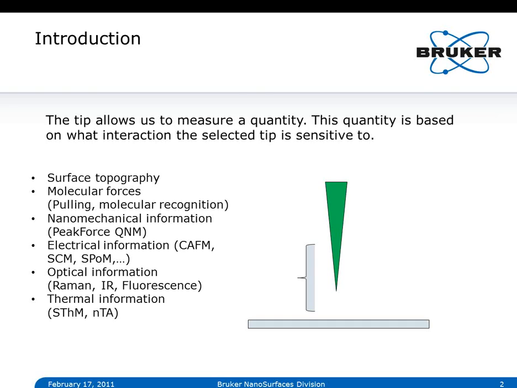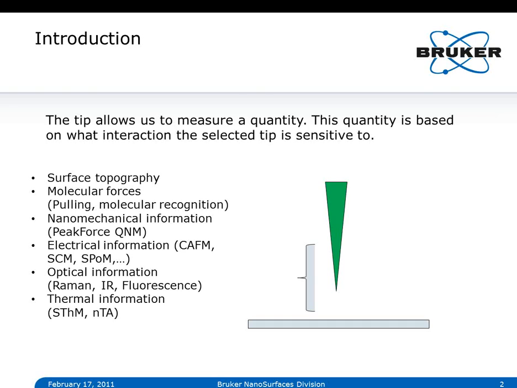We can gather these days nanomechanical information with nanometer resolution by using PeakForce QNM. We can gather a variety of electrical information: conductive, capacitance, surface potential, and so forth. We can use the tip to gather optical information on a nanometer scale, and then get Raman, infrared, or fluorescence information out of the AFM.